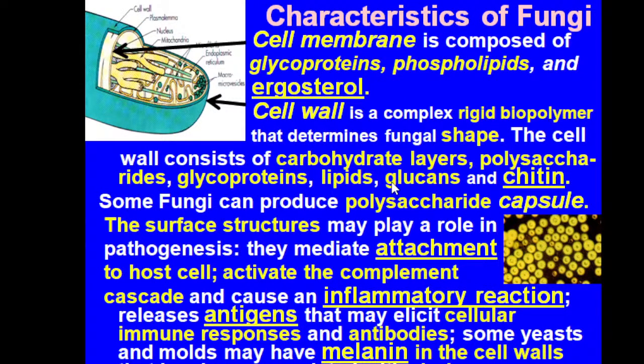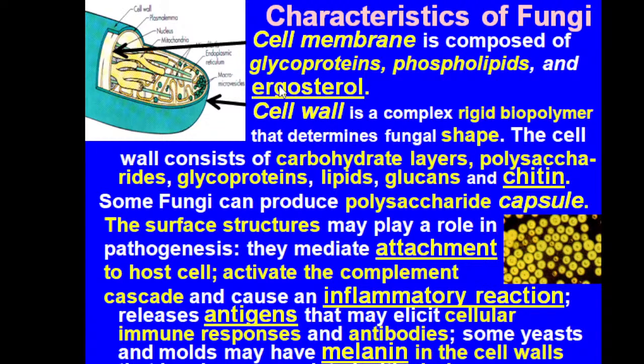So, a few words about the structures. I would like to start with the cell membrane, and you will understand why. The cell membrane is composed of glycoproteins, phospholipids, and the lipid that is called ergosterol.